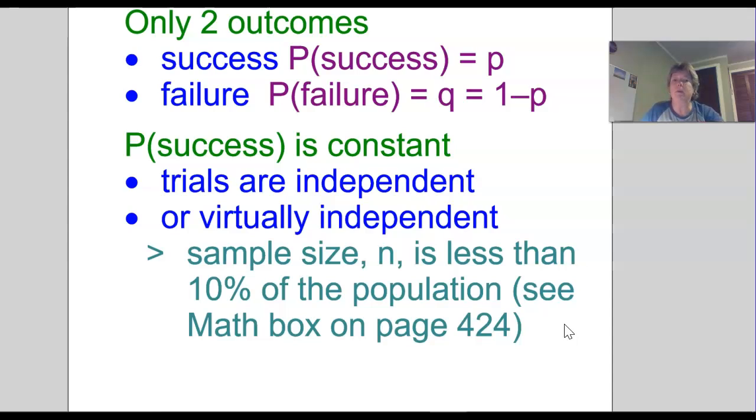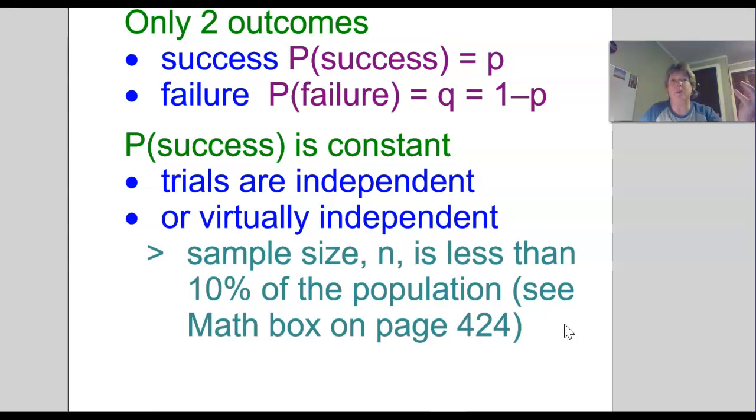So when we get into doing things like confidence intervals and predicting the population proportion or the population average of something, that's a case where we're sampling from a finite population and we're doing so without replacement. So technically, the trials are not independent. Let's say you're looking at left-handed people in the population. I want to say the proportion of left-handed people is around 14% in the whole population.